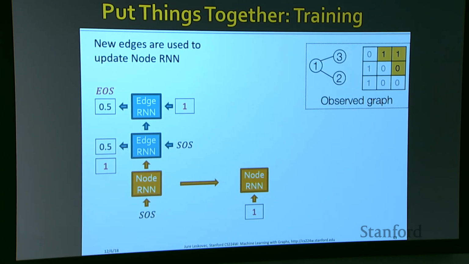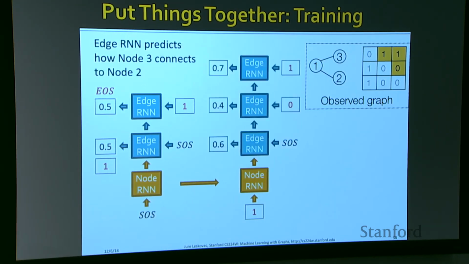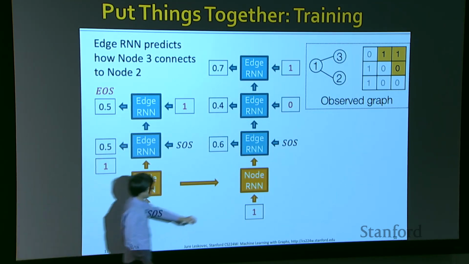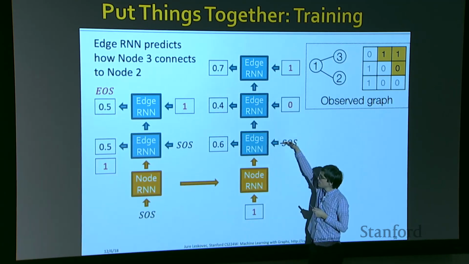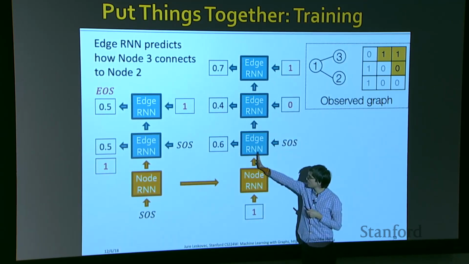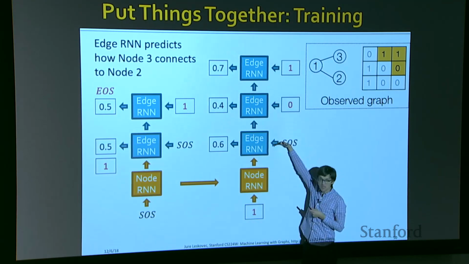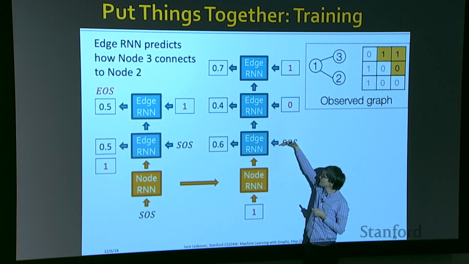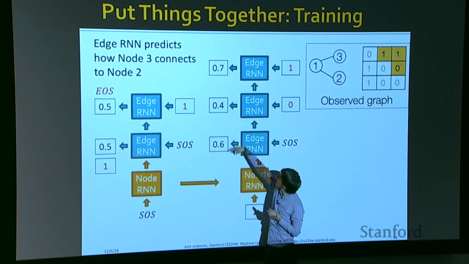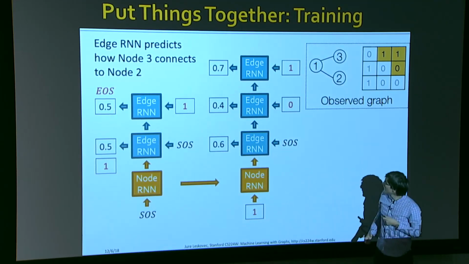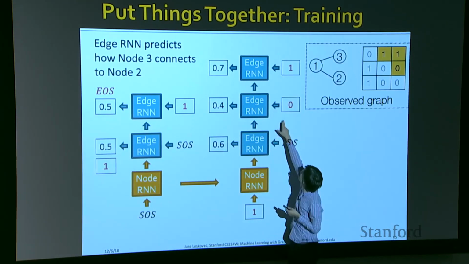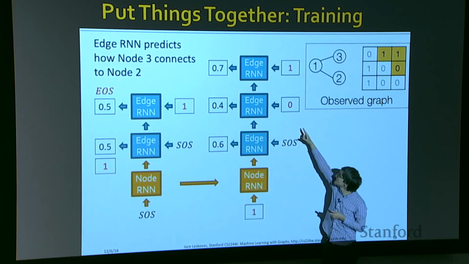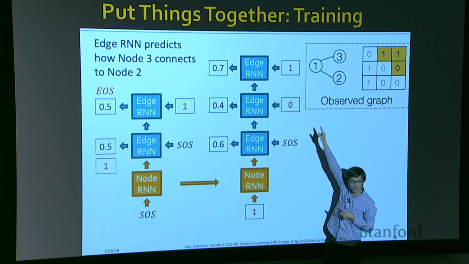We have added edges for node number 2, so now we will add edges for node number 3. So here we generated node number 3. We take the edge level RNN, initialize it with the hidden state from the node level RNN, kick it with a start of sequence, and now this will generate a sequence of probabilities. But rather than flipping coins and putting the state up there, we will actually be using real edges.